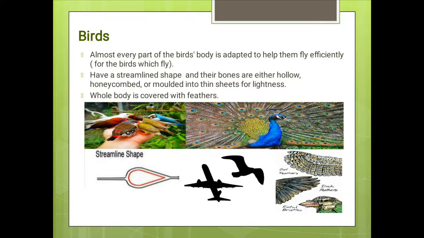The main thing which helps in flying is that they have a streamlined shape, just like aeroplanes, which helps them to reduce the air resistance while they are flying. And their bones are either hollow, honeycombed, or molded into thin sheets for lightness. Moreover, their whole body is covered with feathers, even the ears are covered with feathers.